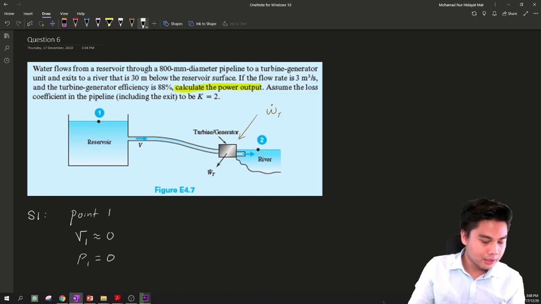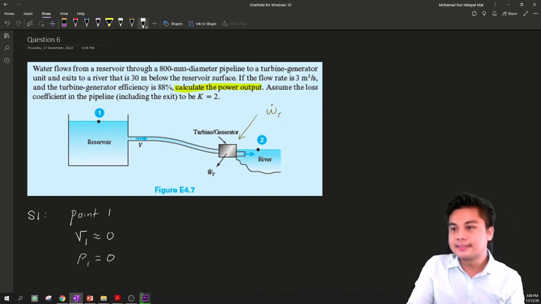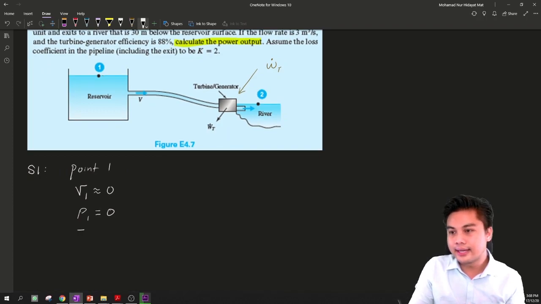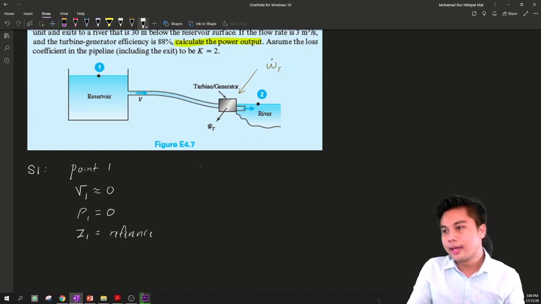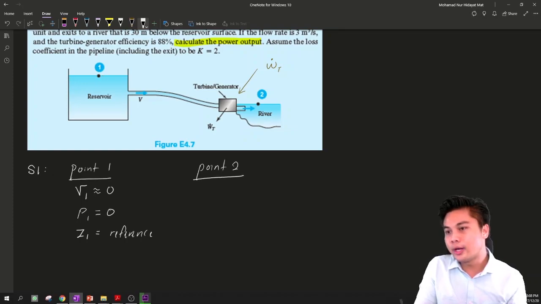We consider Z1 as our reference point, or datum. Point 2, on the other hand, we need to consider as well.